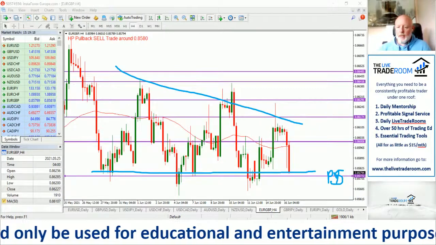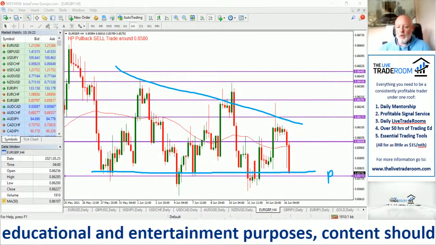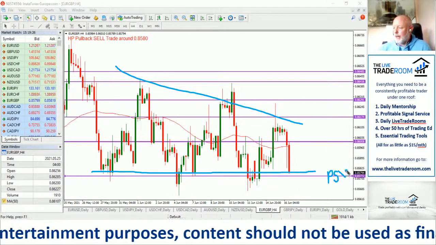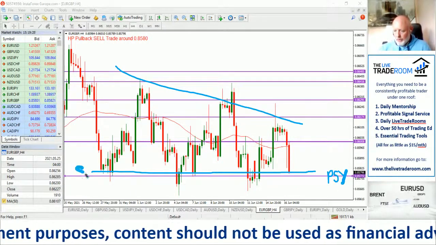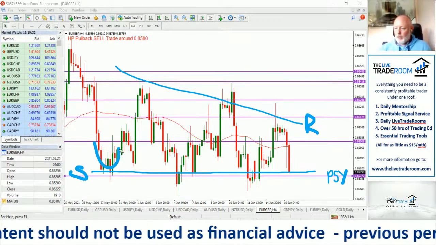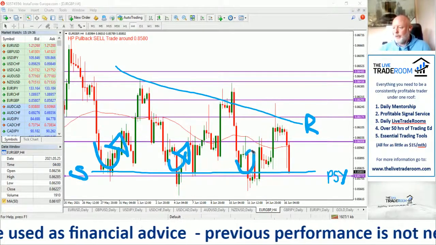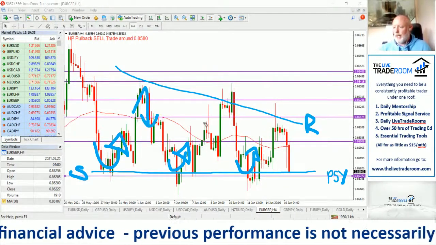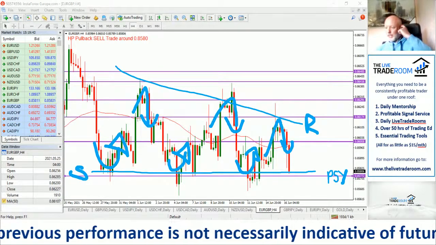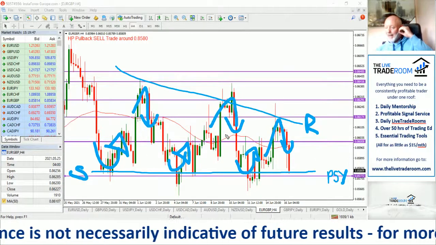Let me take that out again. We look for psychological stress points in these markets, also known as support and resistance. So the technical advantage of support and resistance is, like I said, you get buyers coming in at the lows and you get sellers coming in at the highs. But there's a narrowing of price action. As you can see, the range between highs and lows gets narrower and narrower.